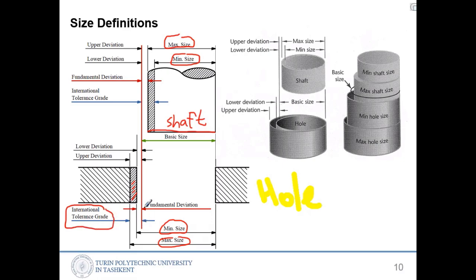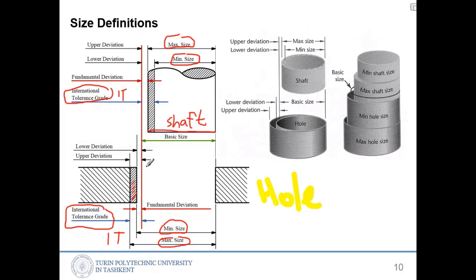The difference between the maximum and minimum size of the hole is taken into account, and likewise for the shaft. We call it the IT grade for short, for the shaft and for the hole.